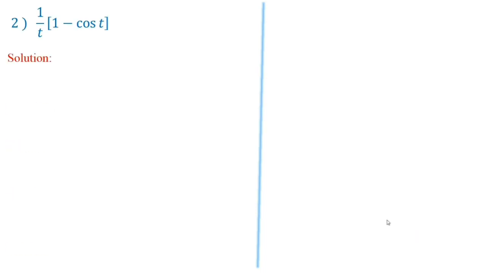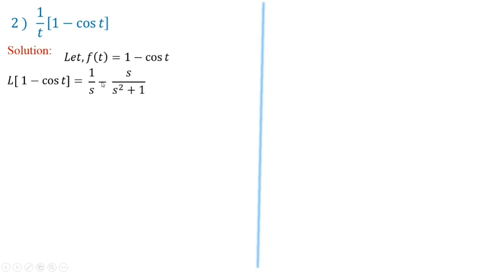Example number 2. 1 upon t into 1 minus cos t. Solution is here. Let f(t) is equal to 1 minus cos t. Here, taking Laplace, then we get Laplace of 1 minus cos t is equal to Laplace of 1 minus Laplace of cos t.